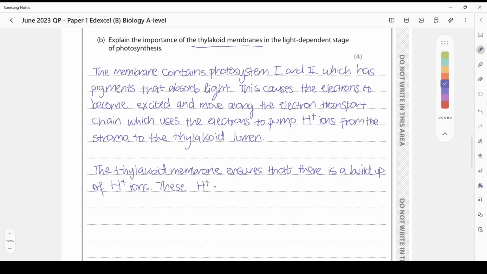These hydrogen ions can only leave the thylakoid lumen via the ATP synthase.